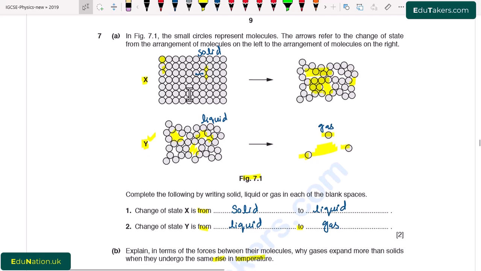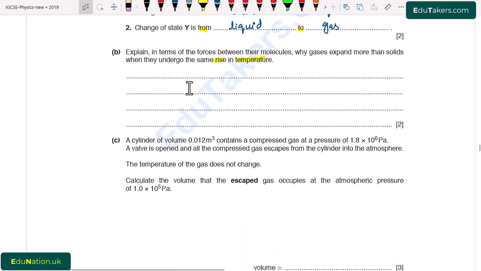So I write here: due to weaker force of attraction between gas molecules.